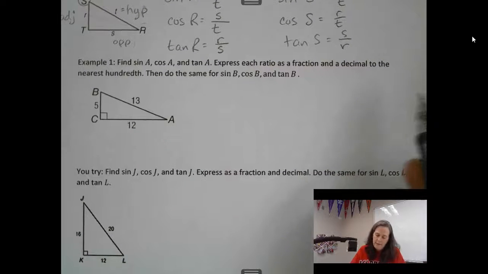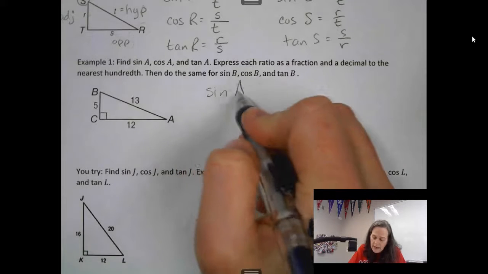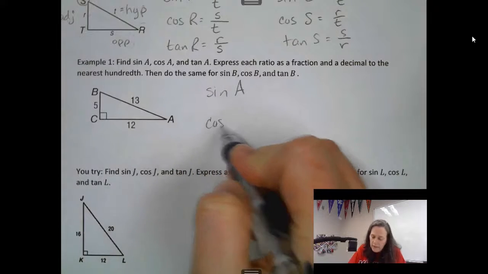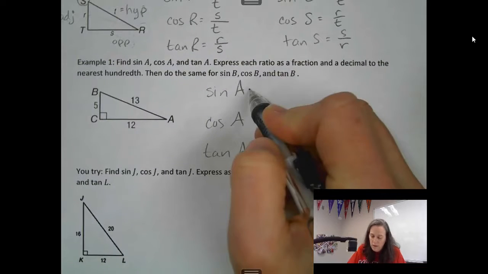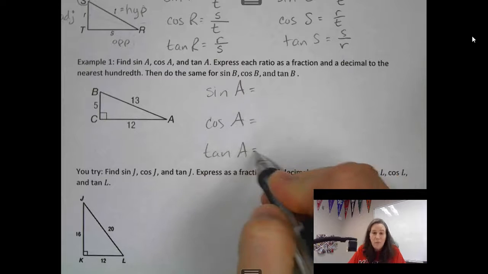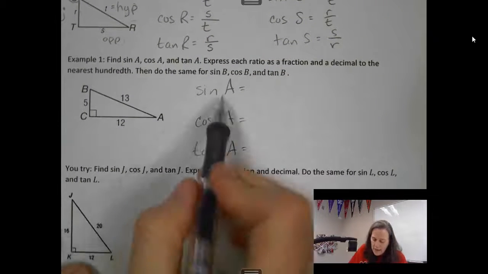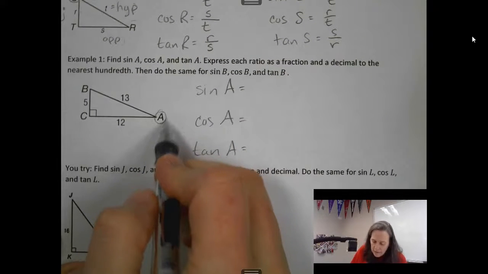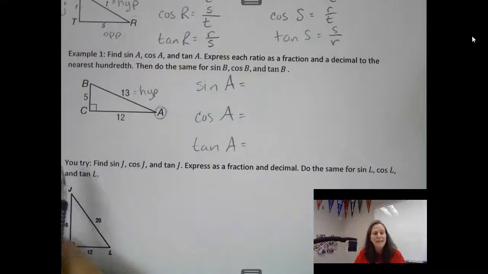Okay, let's do sine of A, cosine of A, and tangent of A. And we'll do the fraction first because that's the logical way to do that. And then we'll take that fraction and we can turn it into a decimal. So if A is our main angle, here's the hypotenuse. Which side is opposite A?